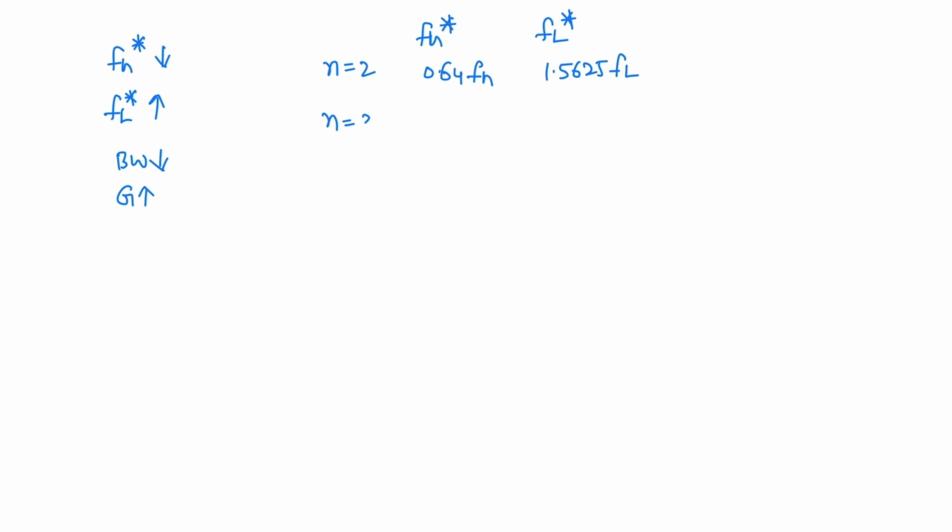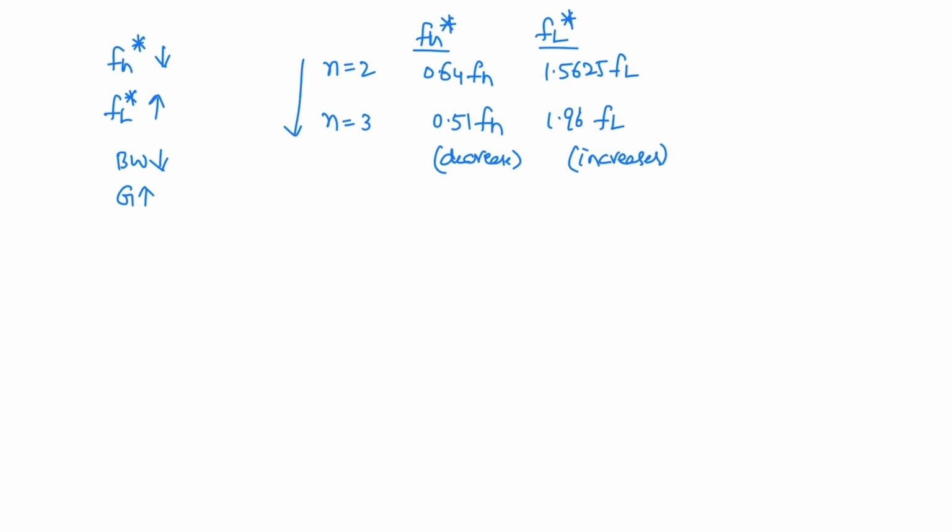For n is equal to 3, that means 3 amplifiers in cascade, the upper cutoff frequency becomes 0.51 times the individual stage upper cutoff frequency, and the lower cutoff frequency becomes 1.96 fl. So if the n value increases, that is the number of amplifiers increases, the upper cutoff frequency decreases and the lower cutoff frequency increases.